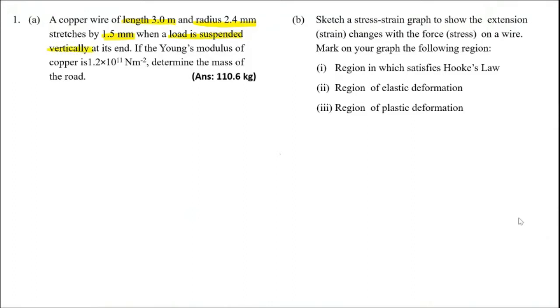And if the Young modulus of the copper wire is 1.2 times 10 to the power 11 Newton per meter square, determine the mass of the rod. Okay, not the mass of the rod, but determine the mass of the load.